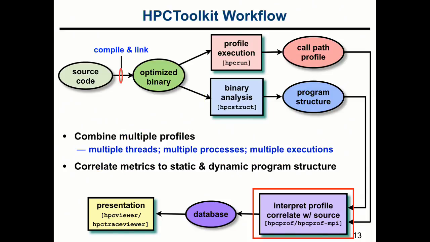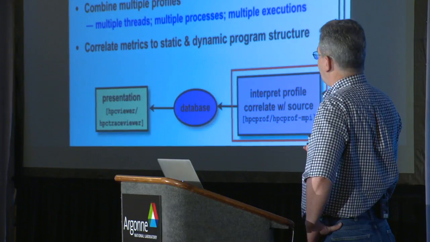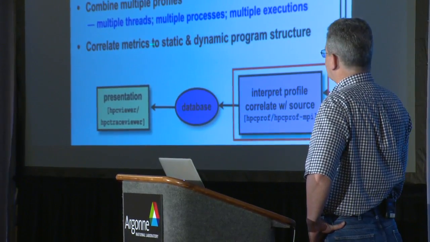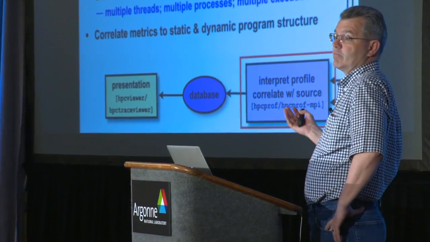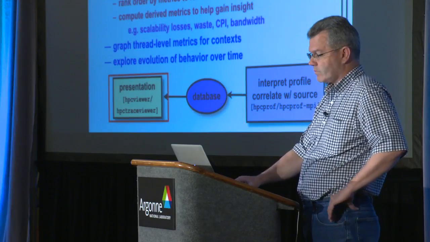And then we have another utility called hpcprof that will take the structure information and the dynamic measurements and knit them together into something that you can understand. You can use this utility to take information from multiple threads, multiple processes, multiple executions, and it will correlate these metrics with the static and dynamic program structure that we've extracted using this binary analysis.